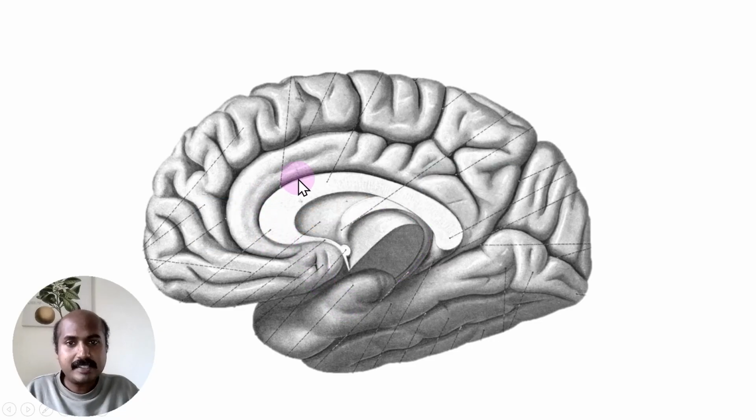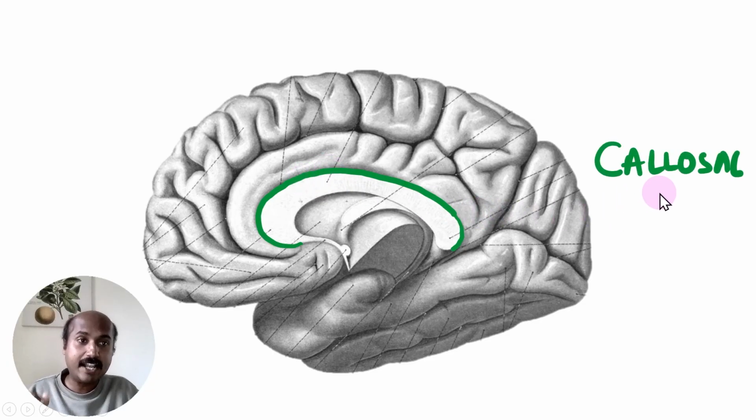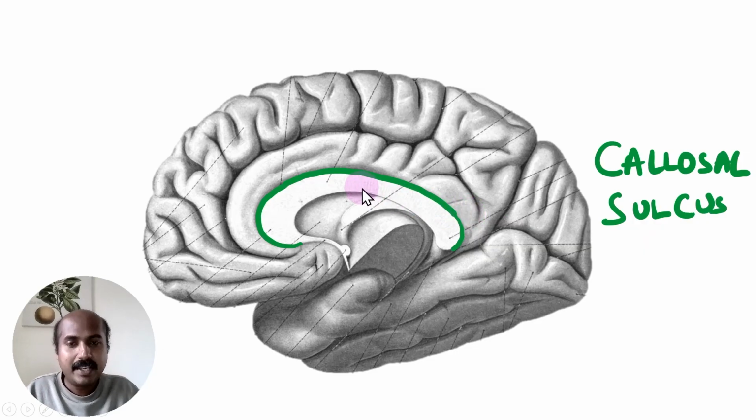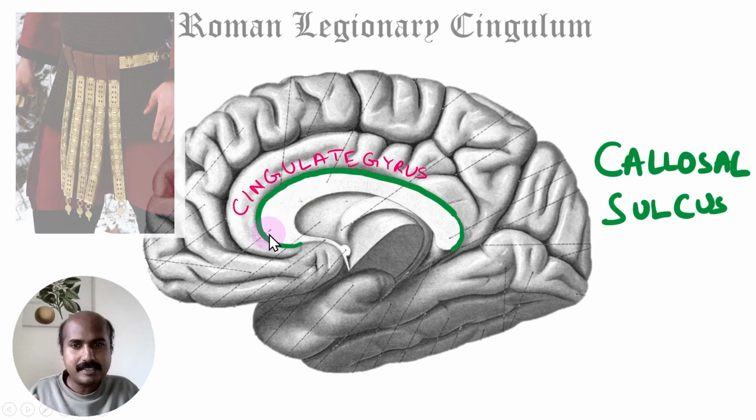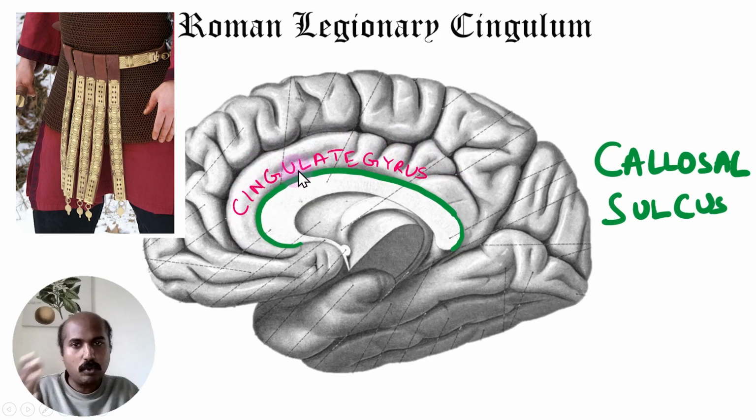Now let's look into more features in the upper part. Over here, you can see a sulcus that lies just above the corpus callosum, known as the callosal sulcus. Above the callosal sulcus, you have a gyrus, which is again curvilinear, just like the corpus callosum and the callosal sulcus, and that gyrus is called the cingulate gyrus. Cingulate means it's like a belt around the corpus callosum.